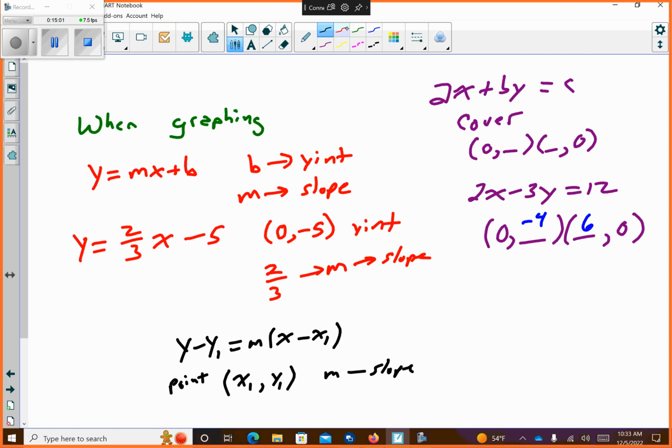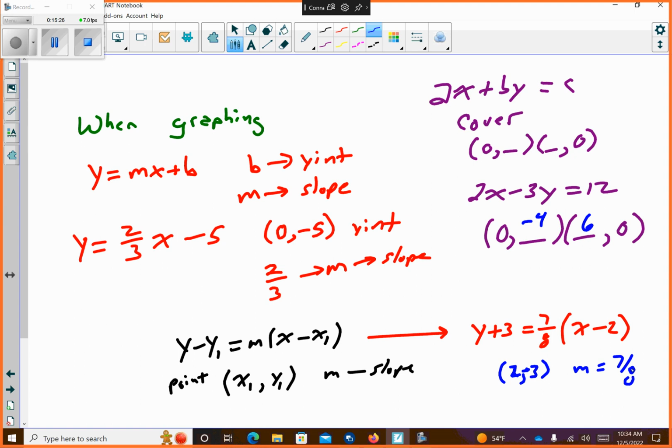So an example of this might be y plus 3 equals 7 over 8 x minus 2. This would yield me the point 2, negative 3. Notice they are opposite signs. And then I have a slope of 7/8. So once you plot that point, then you use the slope to find an additional one.